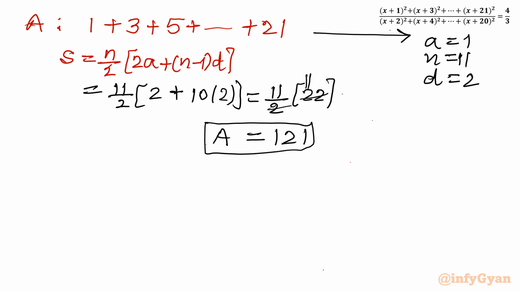Now come to C, that is also an addition: 2 + 4 + 6 up to 20.